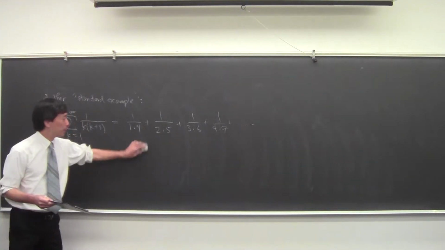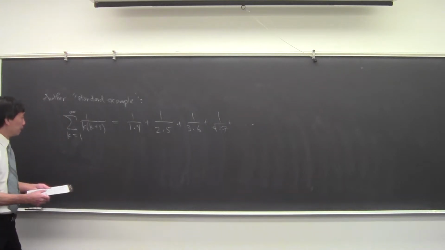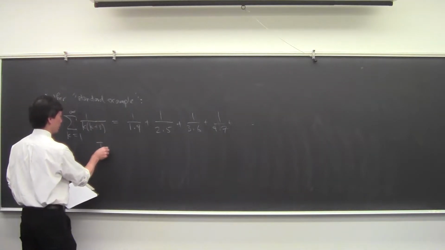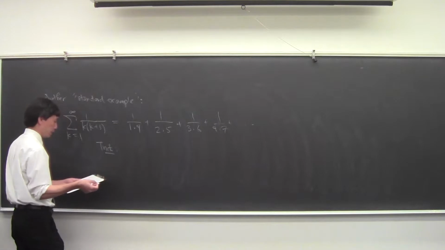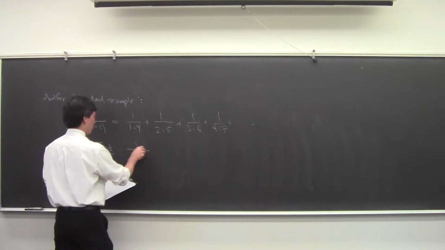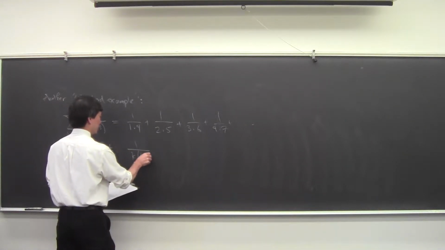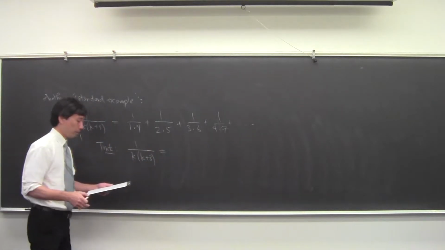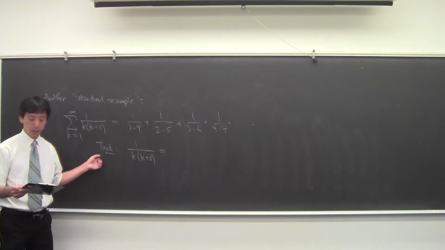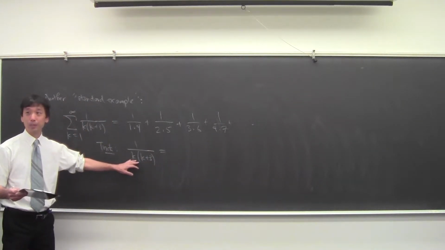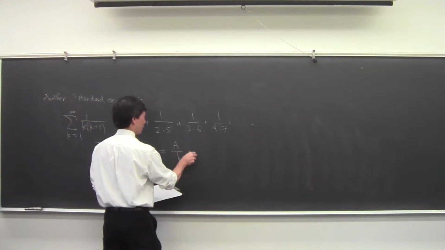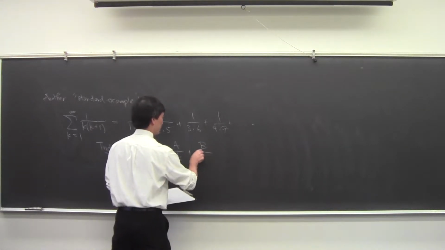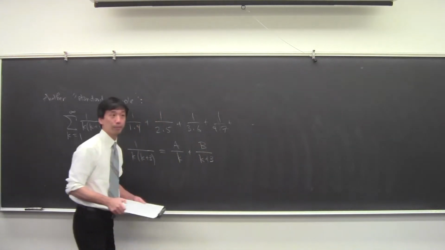But there's a trick. You can write 1 over k times k plus 3 using partial fraction decomposition. This is going to be some constant over k plus some constant over k plus 3.